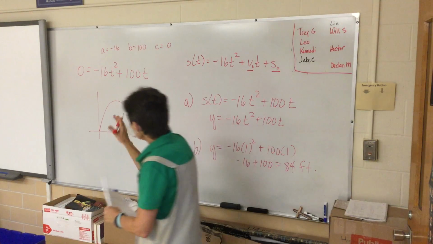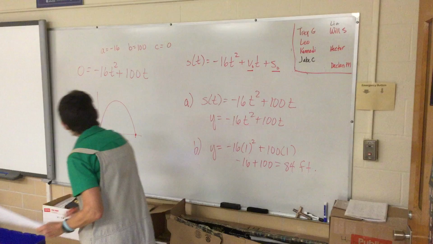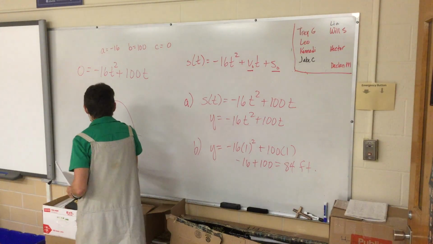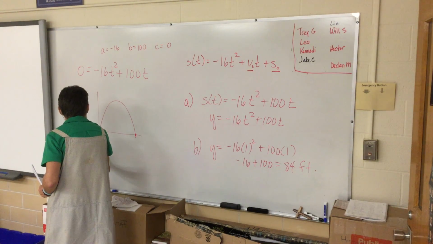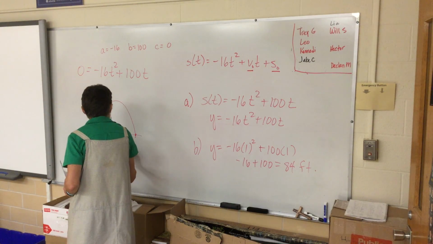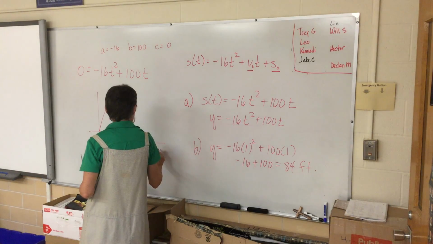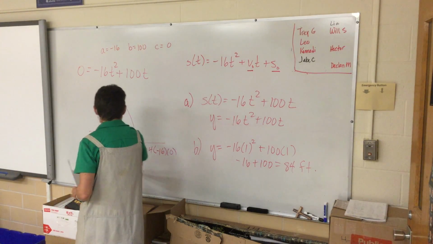Okay? So one way or the other, let's give this a try. I think I'll just go ahead and do the quadratic formula, because it's going to work out really nice, because of that 0 in there.